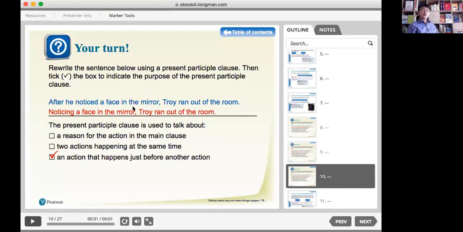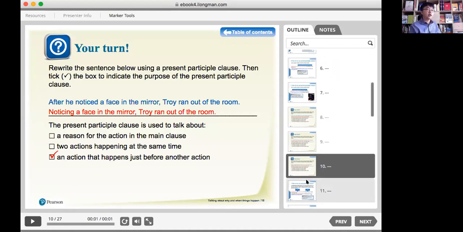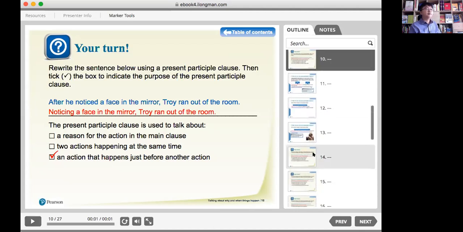Okay, so all three sentences we just talked about are using what? Present participle clauses, because the verb in the original sentence is an active one. So this is why we are using present participle clauses. Okay, next one here.